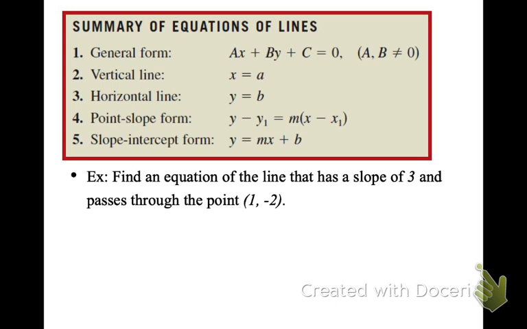These are the different kinds of lines we have. General form, also known as standard. Do you want us to write what's in that box? Okay. General form is ax plus by plus c equals 0. Actually, that's general form.